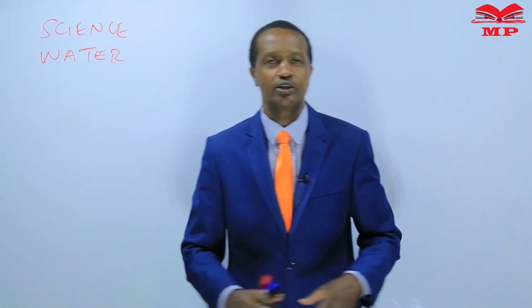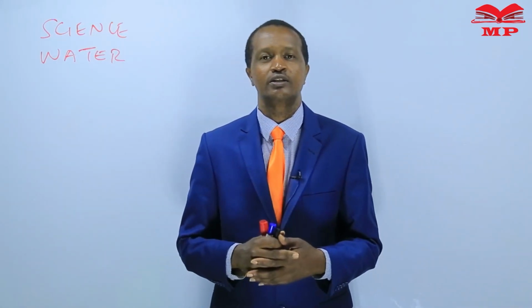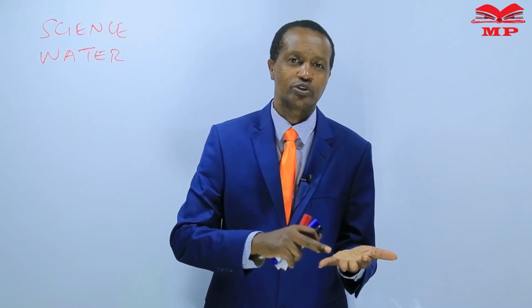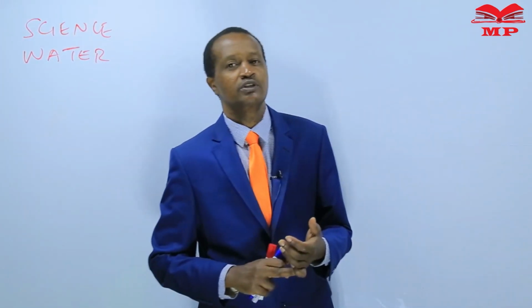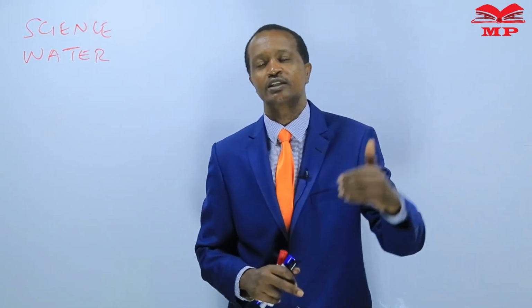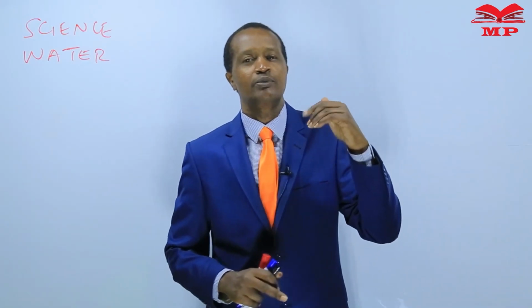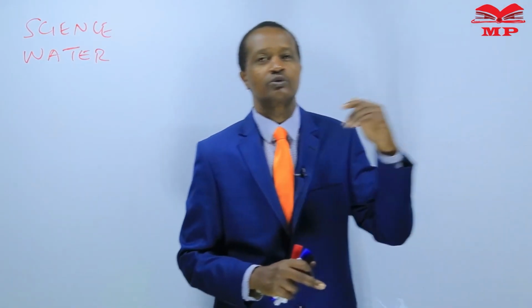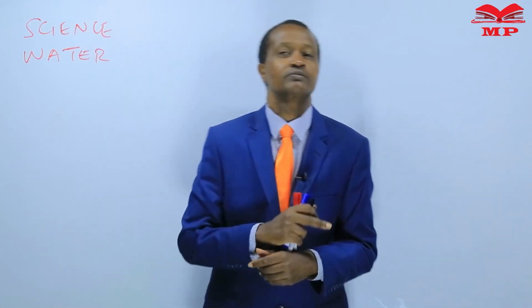How we use water in the home, washing, cleaning clothes, right? Water is also used by animals, drinking. So water is very important. At some point we say that water is life. Without water, then plants cannot grow. Without water, human beings cannot live.